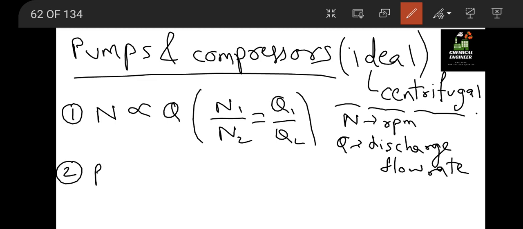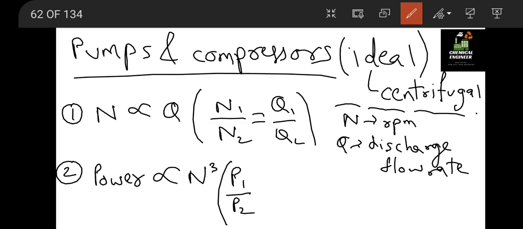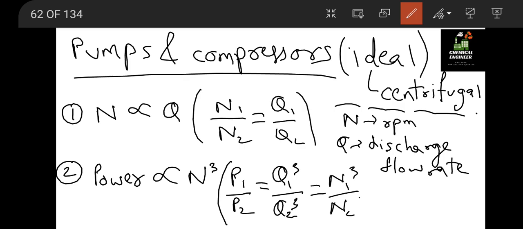Second, we have power directly proportional to N cube, so we write it as P1 by P2 equals Q1 cube divided by Q2 cube equals N1 cube divided by N2 cube. Note down these two formulas.